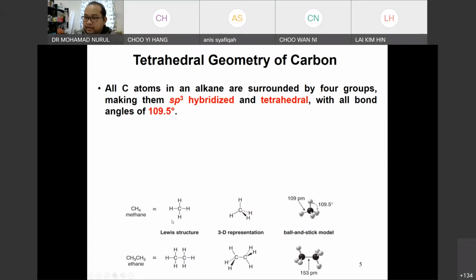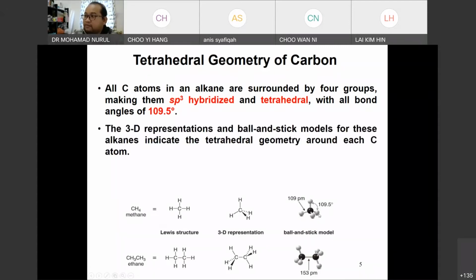The Lewis structure is kind of like this, and the 3D representation is like this. We will learn more about 3D representation in chapter 5 soon. And this is the ball and stick model, and we will see clearly the angle is 109.5. Okay, and usually we are using skeletal structures. This is to make sure you understand how methane or an alkane looks like.